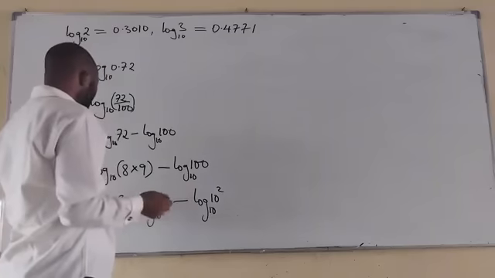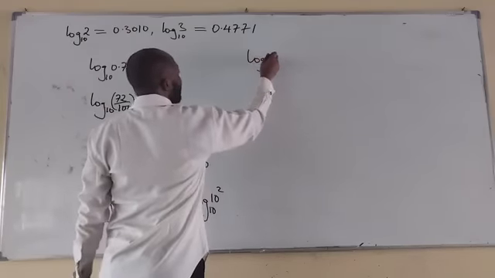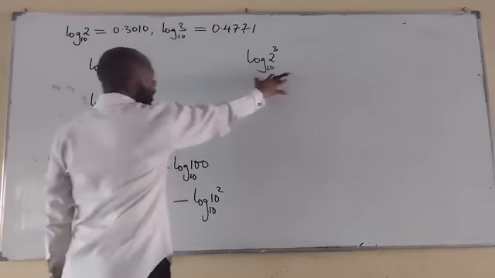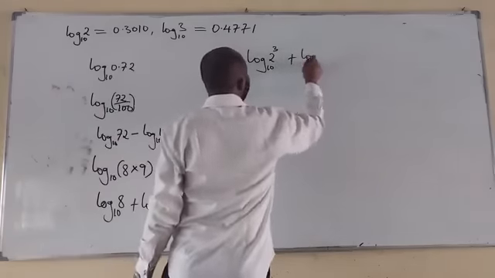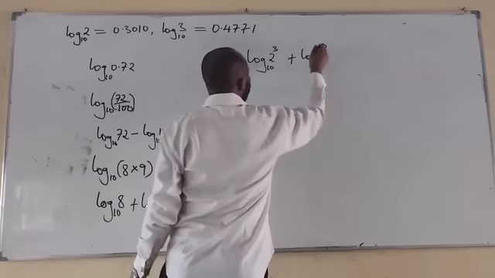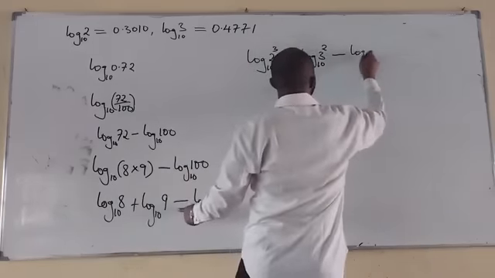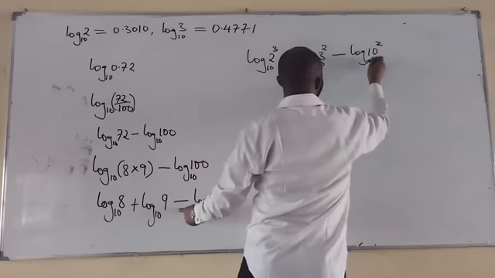Now log 8 in base 10 can be written as log of 2 raised to the power 3 in base 10. Using the power law, I multiply the log. Plus log 9, which is 3 raised to the power 2 in base 10. Minus log 10 raised to the power 2 in base 10.